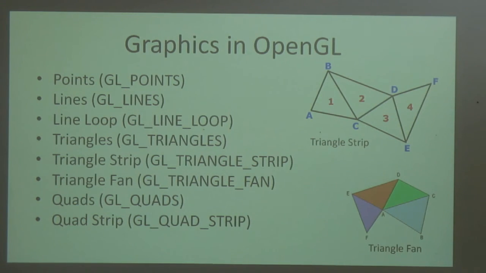So actually, if I do these, so I go line loop, so lines, if we have one here, one here, one here, one here, it will say, okay, there's a line. Points, one here, one here, one here, it will just go, there's a point.